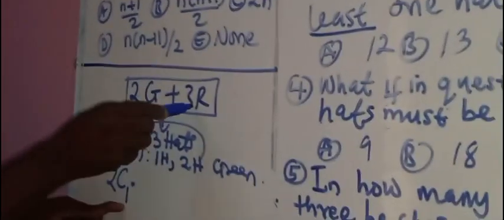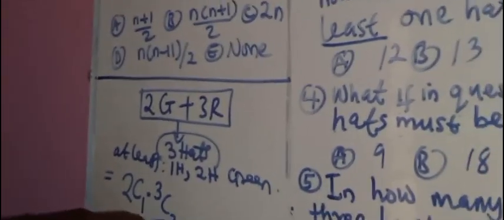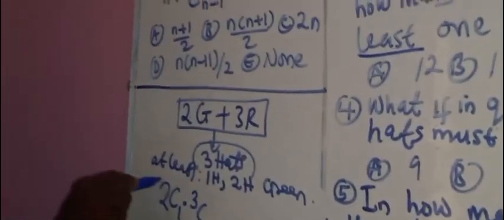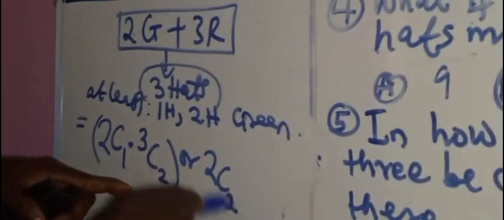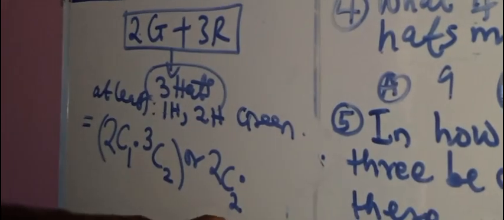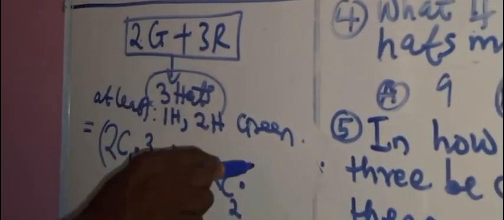If you pick one green, it means the remaining two will come from red. 1 plus 2, 3. Or means plus. I can pick two green, 2 combination 2, times one more red to make it 3. So you pick one from the red, that will be 3 combination 1.